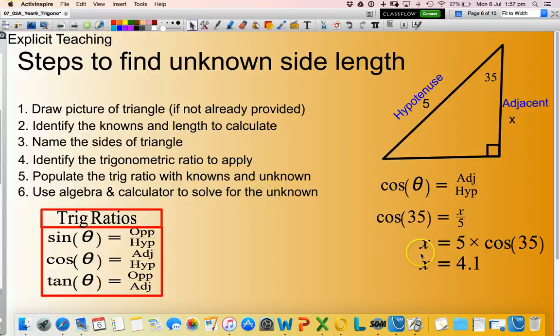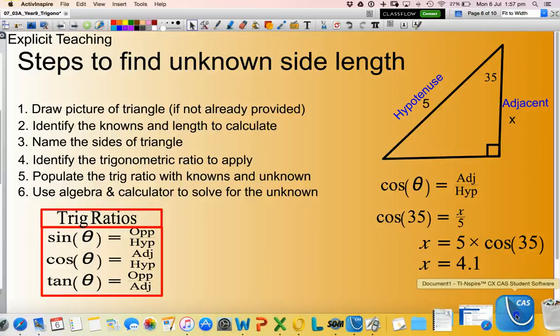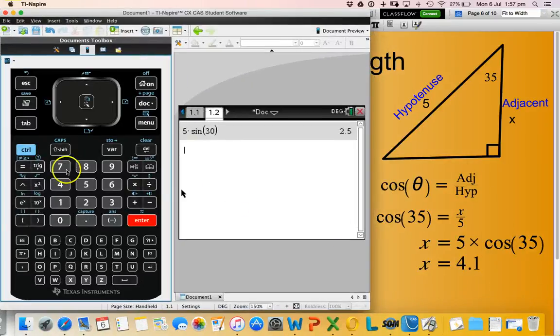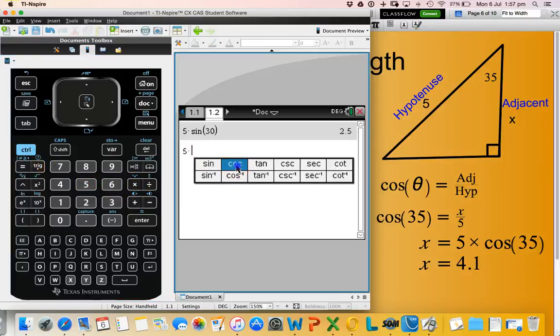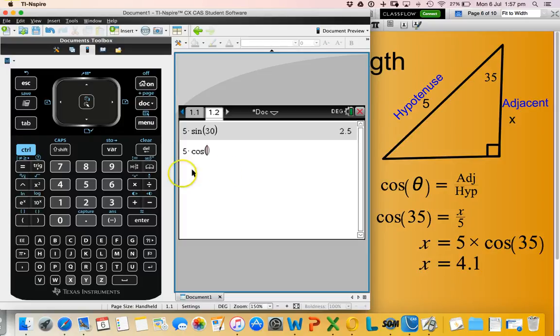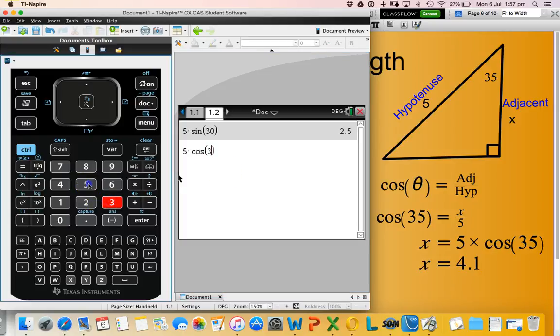That's how you would do it manually, and on your calculator: 5 multiplied by the cosine of 35 degrees. So there you go, 4.0957. I've just rounded that up to 4.1.